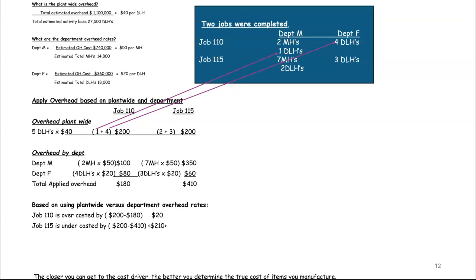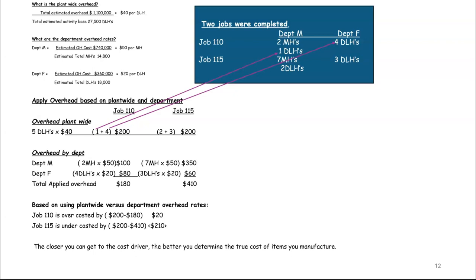So these are the kind of things you have to think about, because the closer you get to the cost driver, the better you determine the true cost of the item you manufacture, because the truth is you want to figure out, when you manufacture multiple items, which one, where are you making your money? If you can push down that overhead cost as close to the product as possible based on the cost driver, the better picture you're going to get of what's going on.